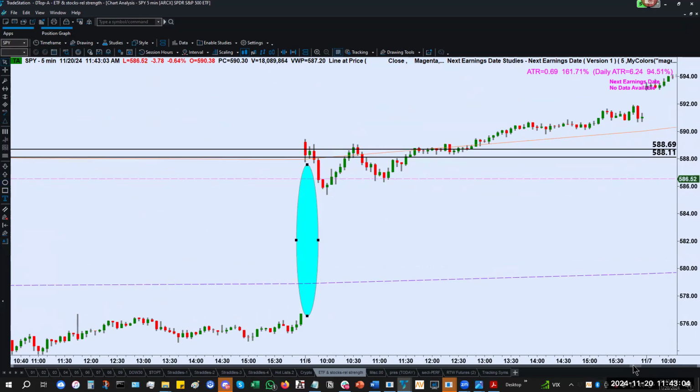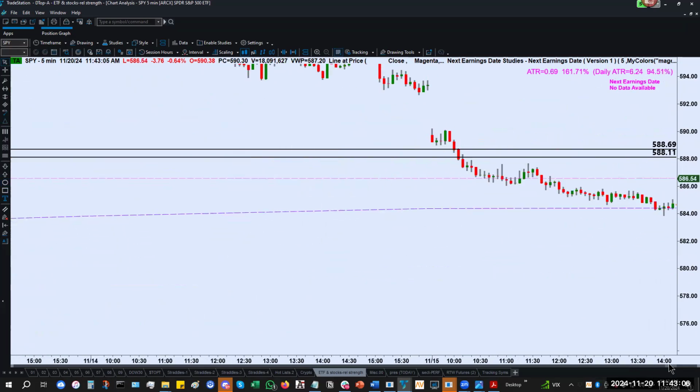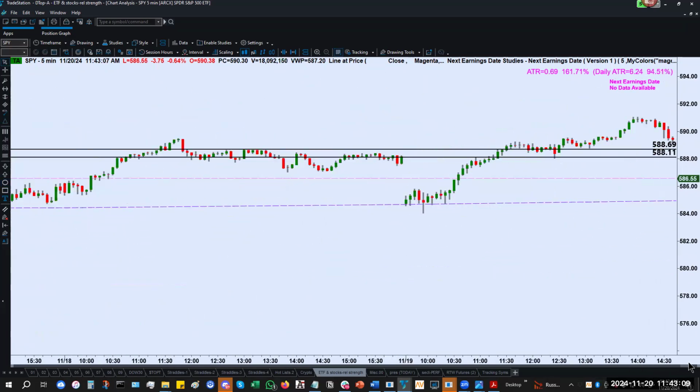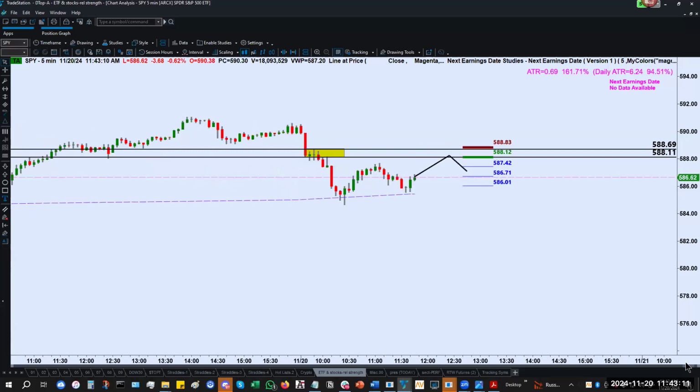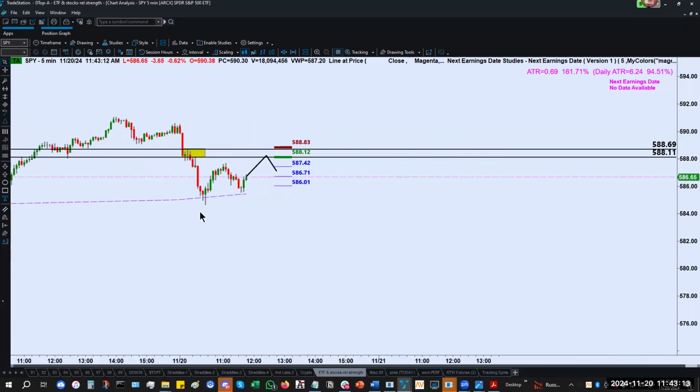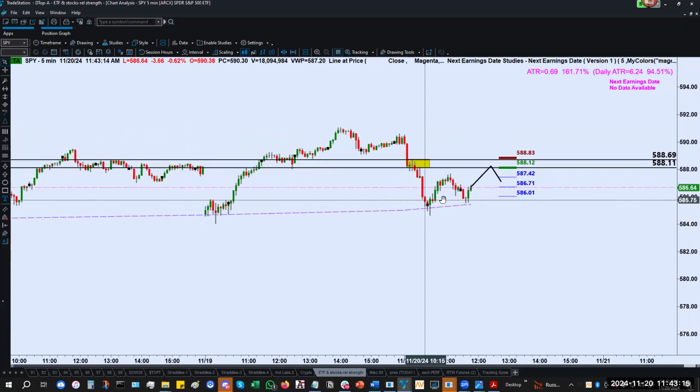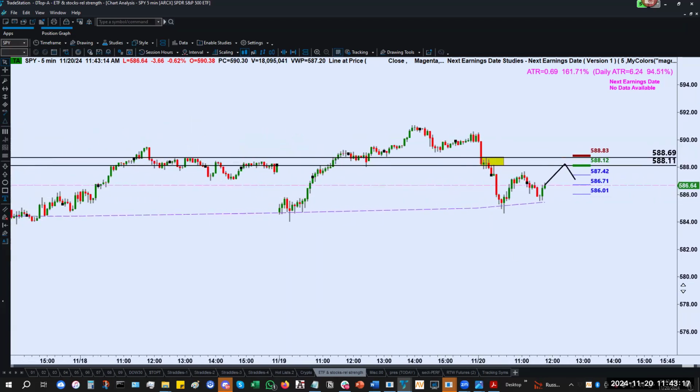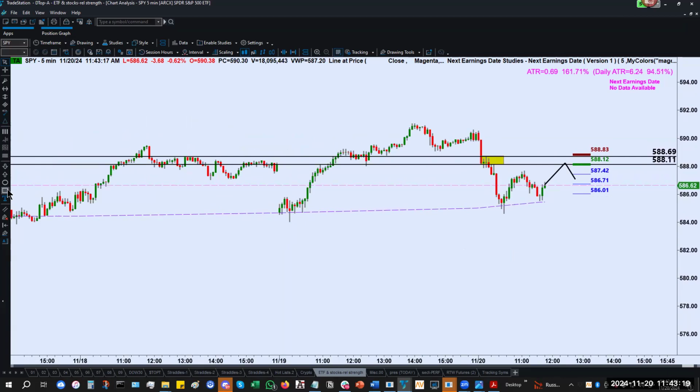So for me on the SPY, there's really no bullish trade to be taken at this point, because right here, in terms of that supply and demand thesis that I showed you guys earlier, this is an area we could think of as tested demand.